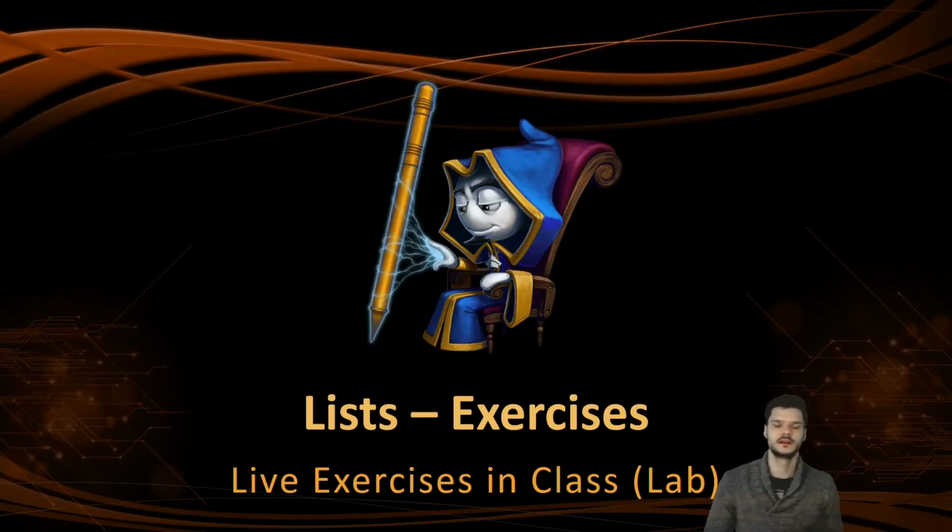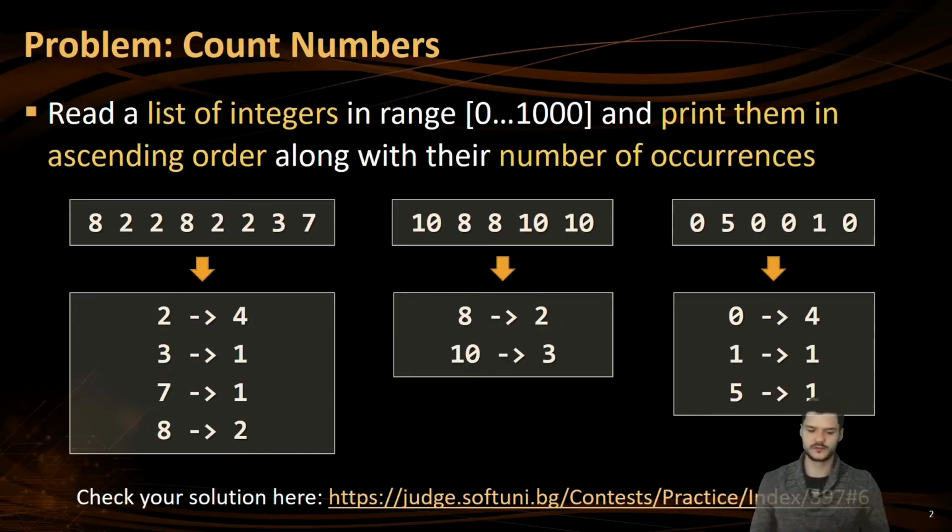Hello everyone. So let's see one more problem, and it's a rather challenging one, not like the one before. We have to read a list of integers in a range from 0 to 1000 and print them in ascending order along with their number of occurrences.